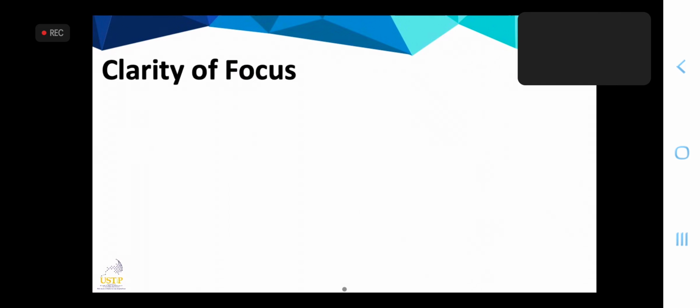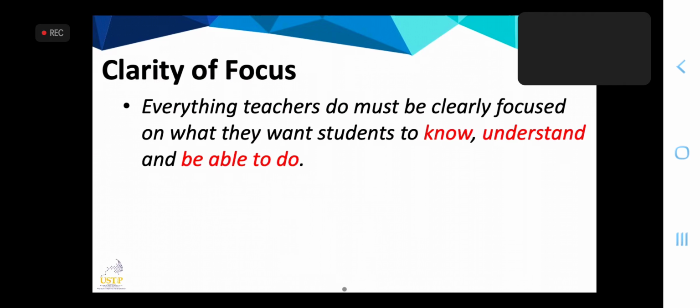So what do you mean by clarity of focus? Everything teachers do must be clearly focused on what they want students to know, understand, and be able to do. So when you develop your IM, all of the information and activities there should be focused on what you want students to acquire at the end of the course.